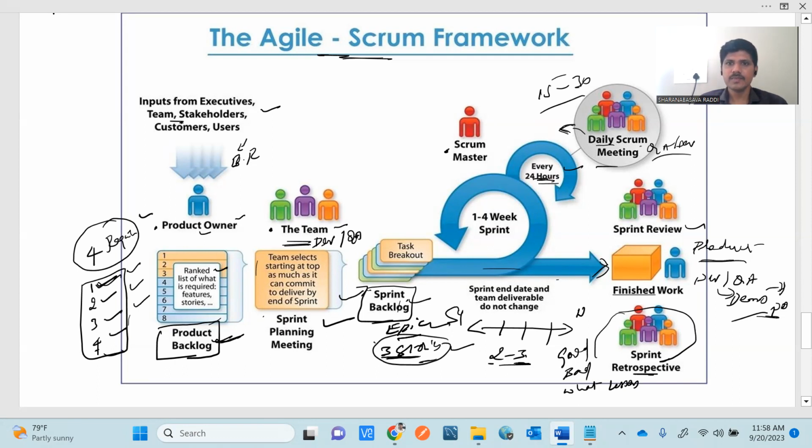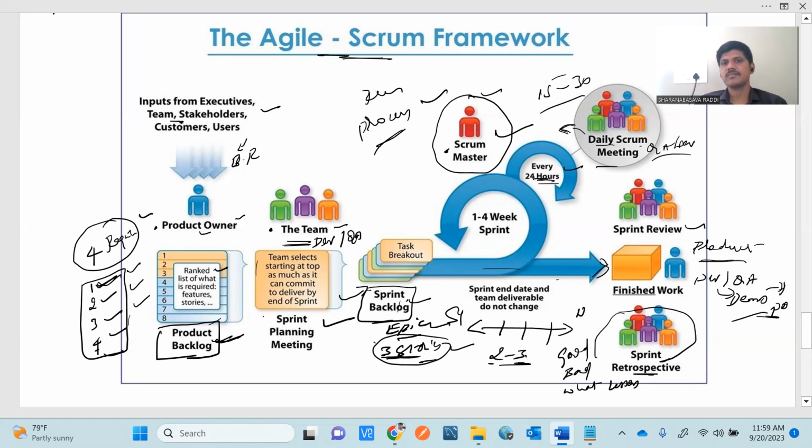Okay, and here we need to have some information about the Scrum Master, right? The Scrum Master is a person who does not belong to any QA team or any dev team. He is neither part of the dev team nor part of the testing or QA team. The Scrum Master is the person who coordinates between the product owner and the team, and is responsible to run the process smoothly.